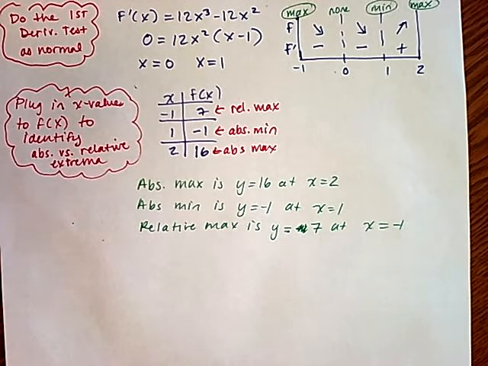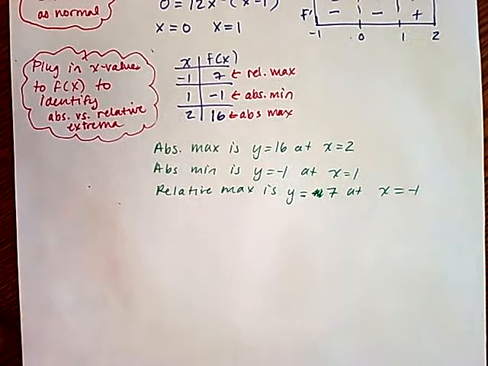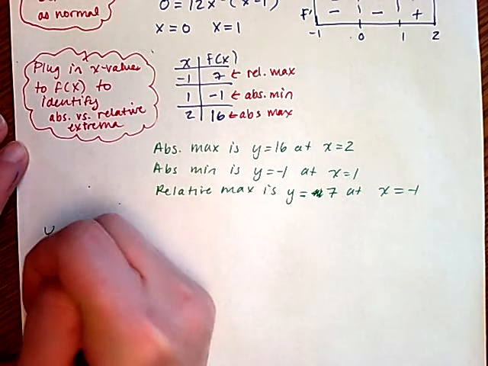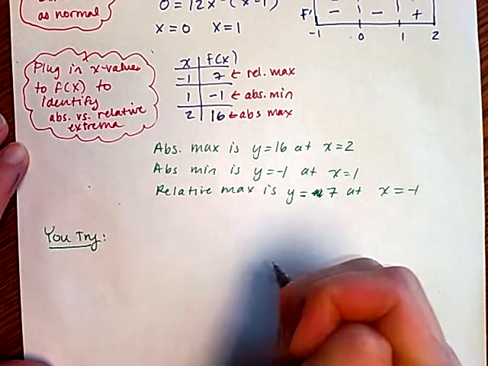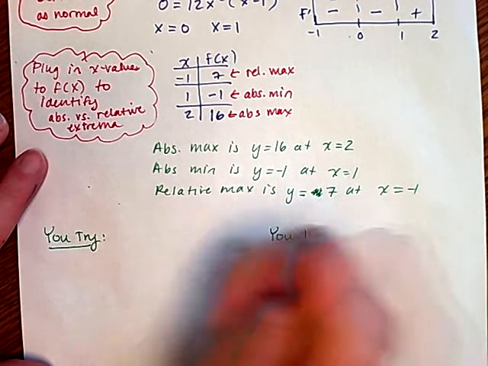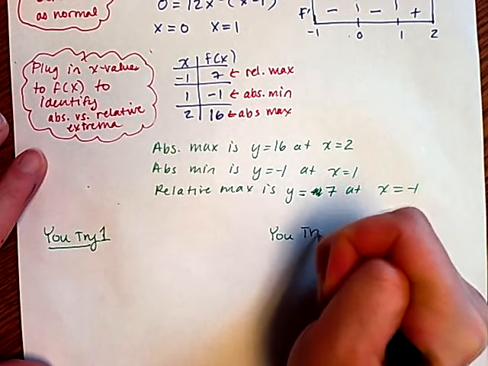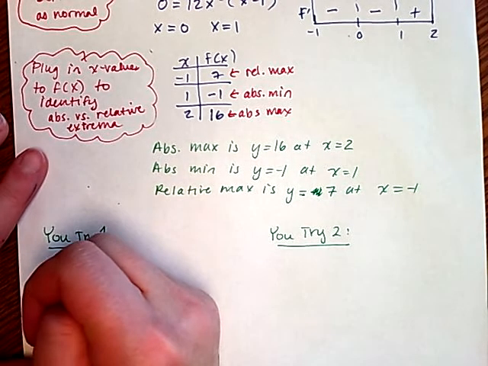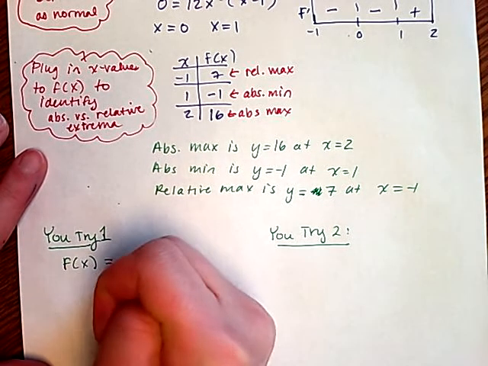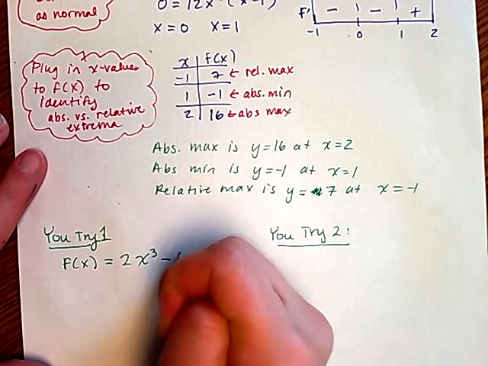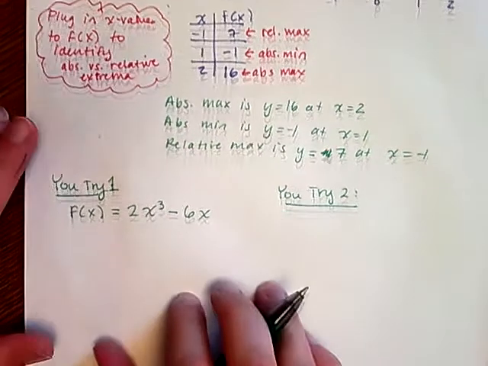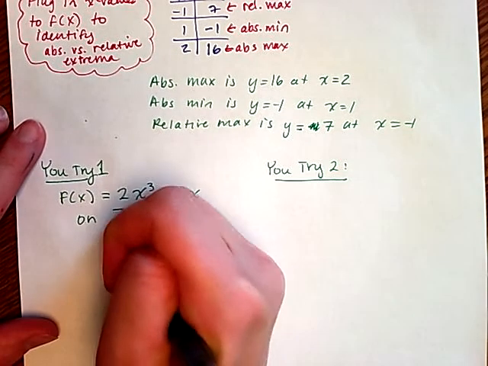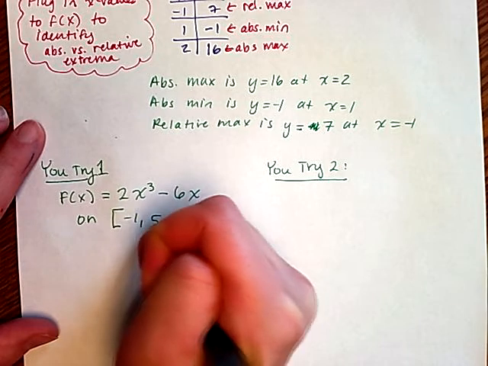All right, so now it's time to give you guys some U-tries. I'm going to give you 2 U-tries, U-try 1 and U-try 2. So the first one is going to be a polynomial: 2x to the third minus 6x, and I'm going to give you an interval to look on, -1 to 5.